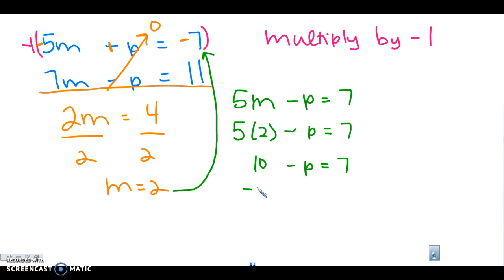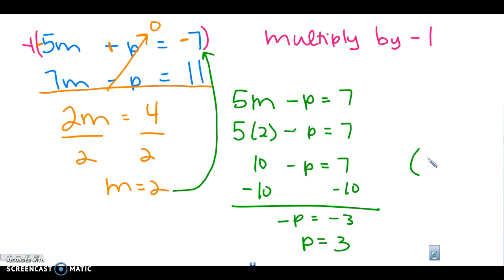I'll subtract 10 to the other side. So I get negative p equals negative 3, or p equals positive 3. And then my point would, of course, be 2, 3. If you're not using x's and y's and you're using something like m and p, the way we put them in an ordered pair is alphabetical. So m comes before p in the alphabet. That's why it's first in my ordered pair. Okay?